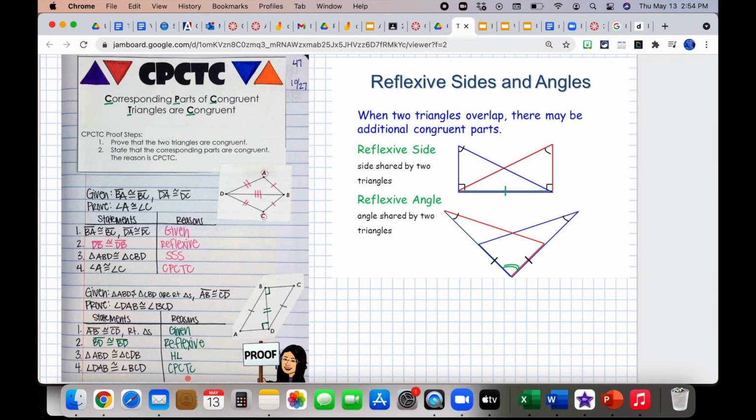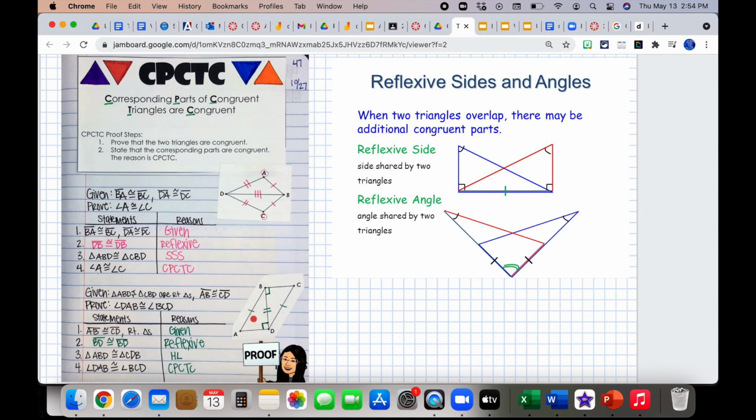and that's the reason we say that they are congruent by the hypotenuse leg. We can use the CPCTC, corresponding parts of congruent triangles are congruent, because we try to prove that angle A and angle C are congruent to each other because all parts of this triangle will be congruent to this triangle by the HL, hypotenuse leg theorem.